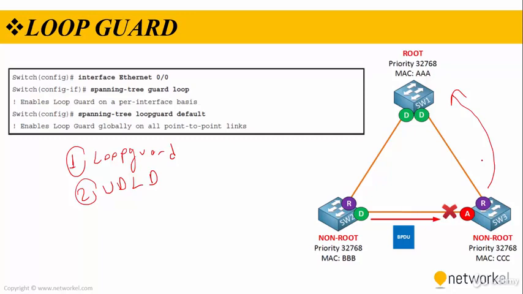Loop guard takes place when no BPDUs are received on non-designated ports, and takes the port to STP loop inconsistent mode and blocks traffic on that segment.